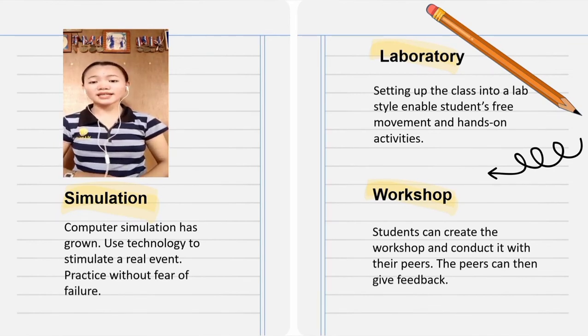And the next one is laboratory. Setting up the class into a lab style enables students free movement and hands-on activities. With a laboratory, learning may occur in many ways, often through observing a case or phenomena, performing hands-on practical training, or conducting experiments.